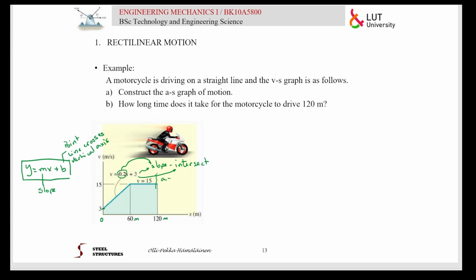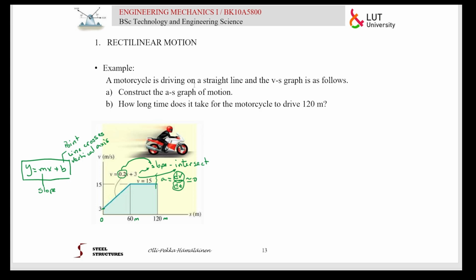If I know that the acceleration is the derivative of velocity with respect to time, and this doesn't change with respect to time because it's a fixed value, then it is going to be 0, meaning that acceleration in this stage is going to be 0. So that's something that we can already tell from the problem without doing any step to solve it.